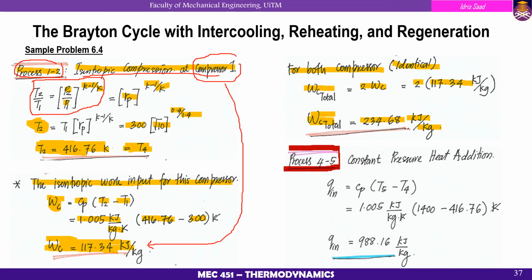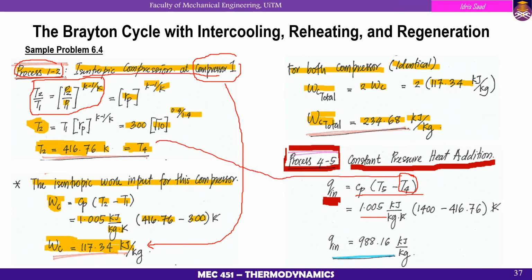The next is process 4 to 5, which is constant pressure heat addition. In this case, we want to determine the value of Q in. The formula says Q in is equal to Cp times (T5 minus T4). We already have Cp, which is 1.005 kilojoule per kilogram Kelvin, and please remember that the value of T4 is equal to the value of T2, which is 416.76.